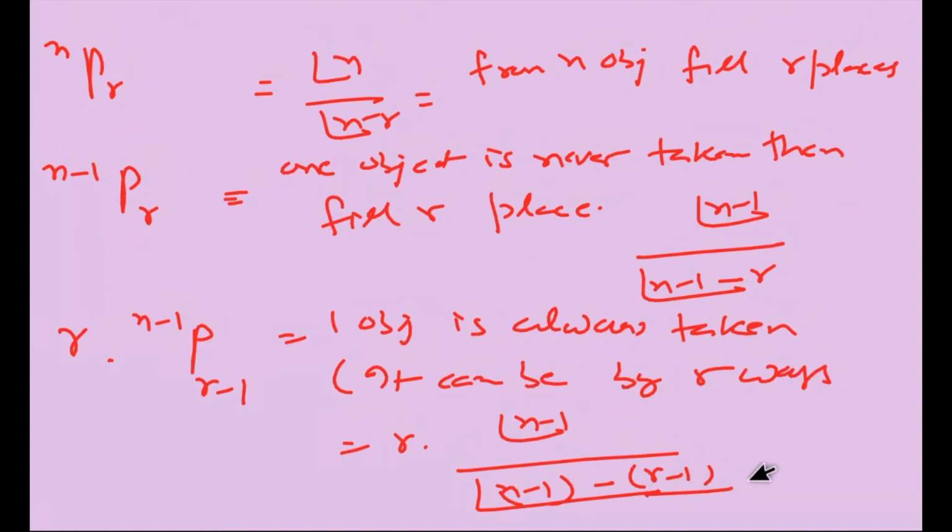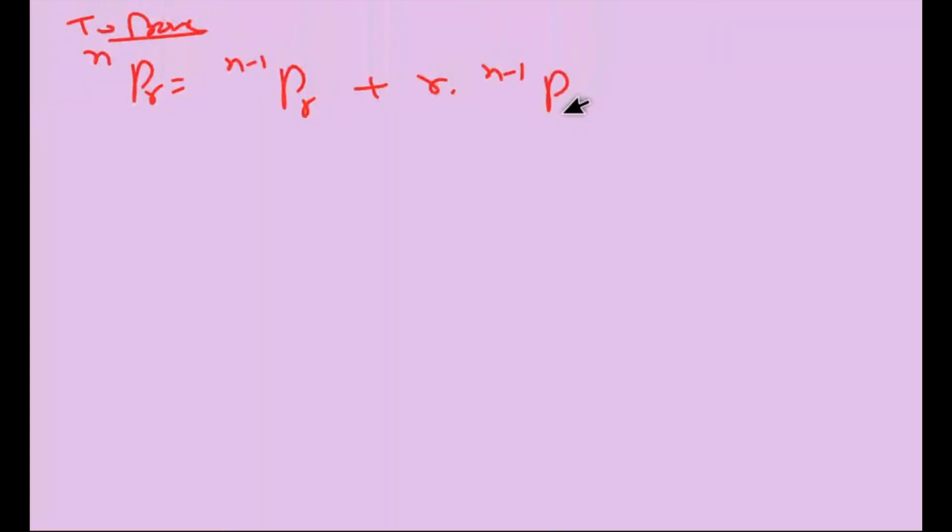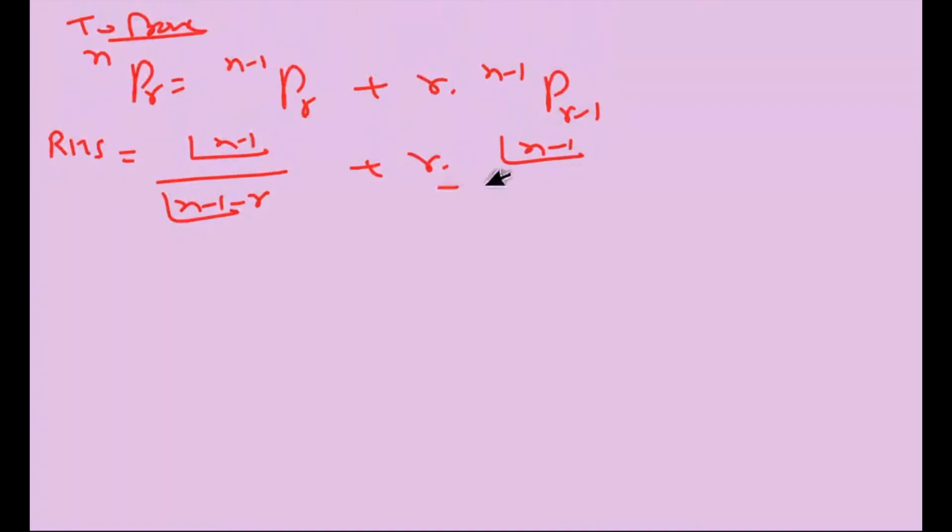Okay student, now we can see a particular formula, that is nPr is equal to (n minus 1)Pr plus r into (n minus 1)P(r minus 1). So now using the RHS we can calculate this. Factorial n minus 1 upon factorial n minus 1 minus r plus r into factorial n minus 1 upon factorial n minus 1 minus r minus 1.